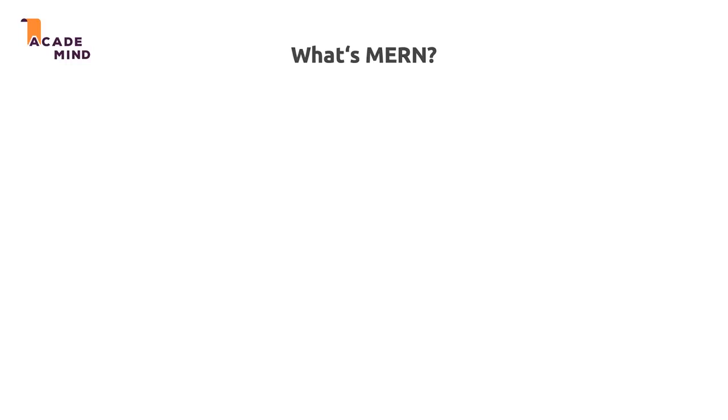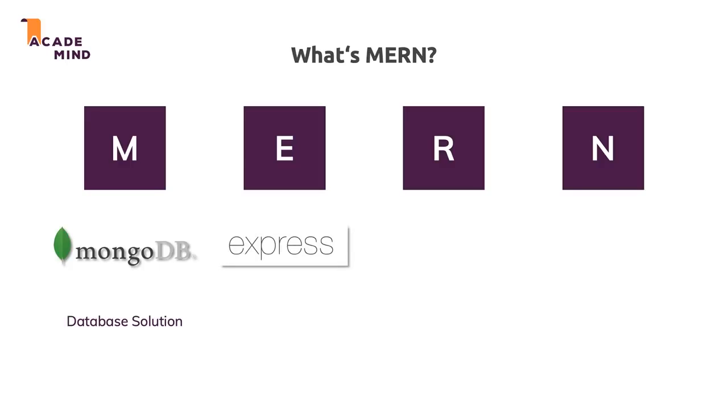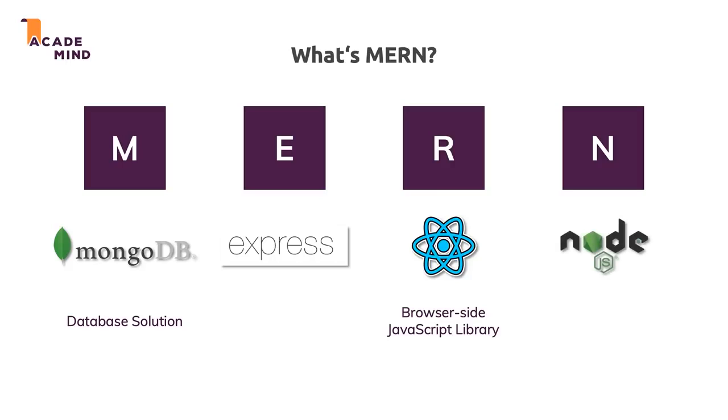So what's MERN? What does MERN stand for? The M stands for MongoDB, and that is a database solution. The E stands for Express. I'll come back to what this is in a second. The R stands for ReactJS, and this is a browser-side JavaScript library that helps us build amazing user interfaces. And the N stands for Node.js.